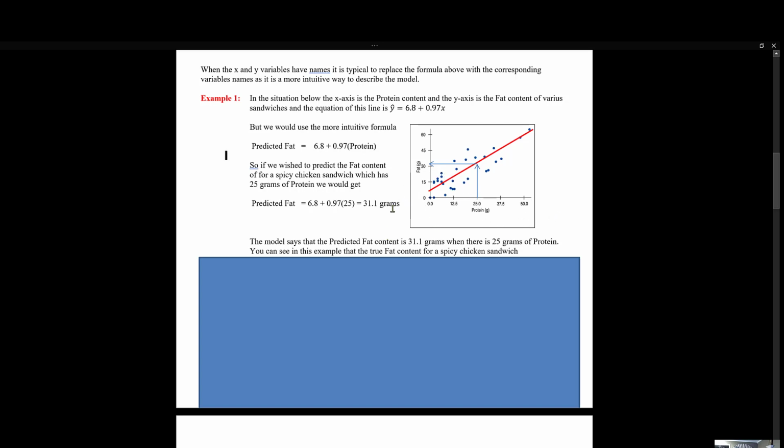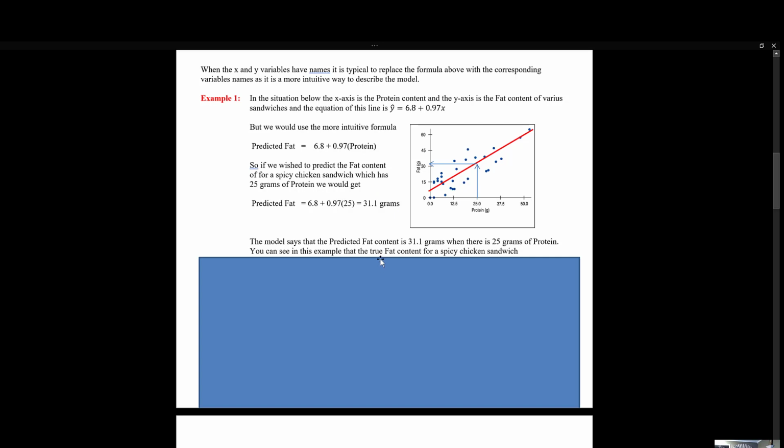For instance, if you had a burger with 25 grams, or whatever this is, spicy chicken thing, 25 grams of protein, you plug it in here, you do the calculation, and this is your predicted answer for how much fat it's got. Now, it's not a perfect world. It doesn't mean I guarantee that this particular chicken burger or sandwich will have exactly 31.1 grams.